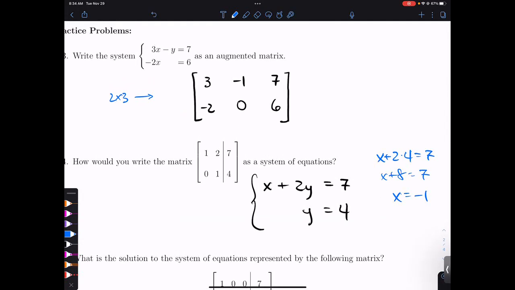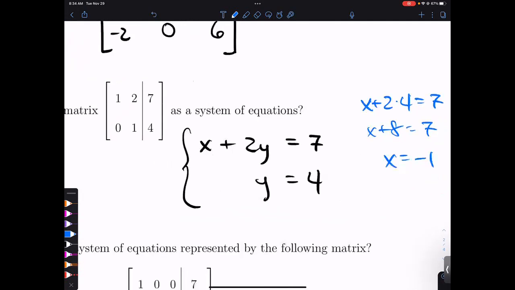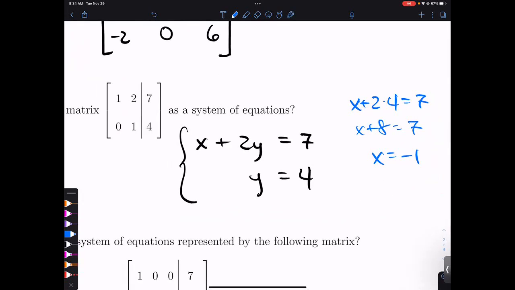Okay, so having this and having that, I guess I should circle that 0 there. This 0 means that the x term doesn't show up, right? And this 1 here means that there's only 1 of y in that sort of last equation, right, from that bottom row.